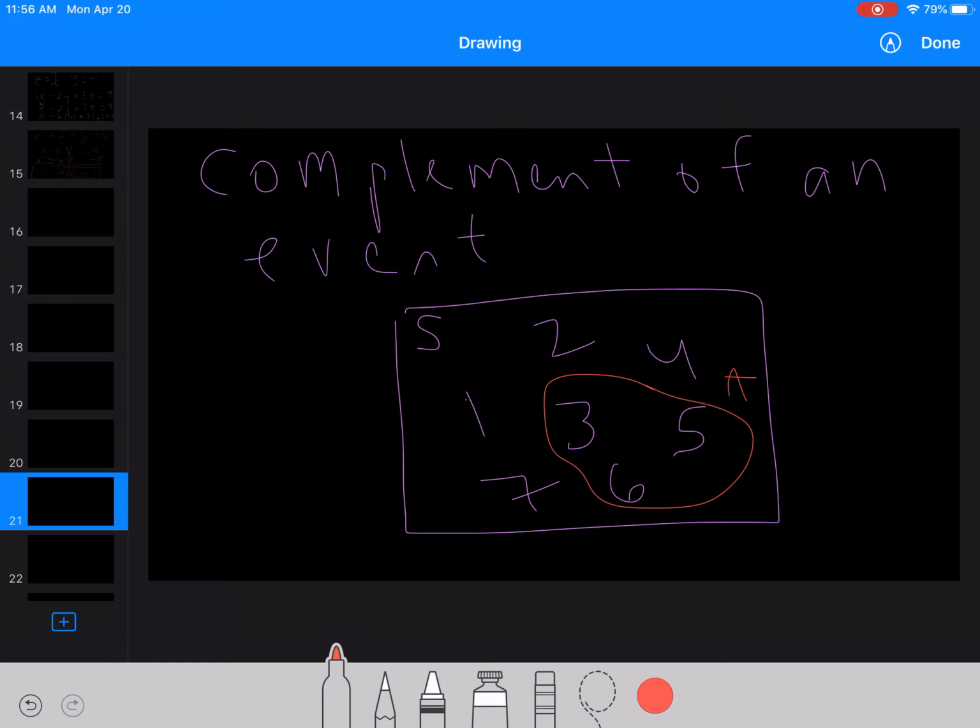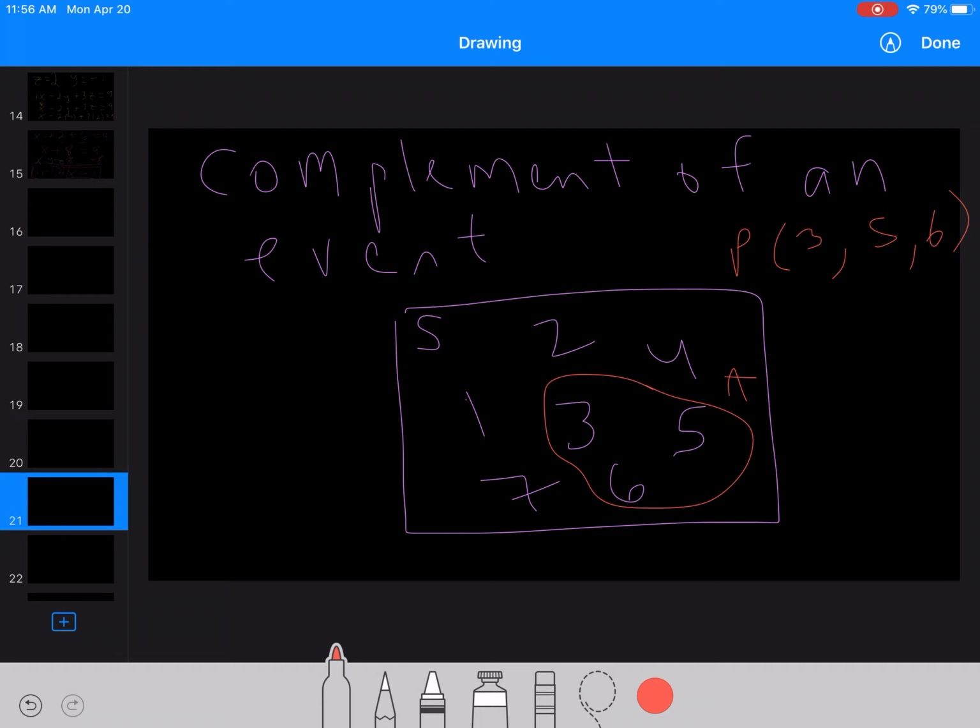So if I want to find the probability of selecting a 3 or a 5 or a 6, I can find that probability pretty easily.